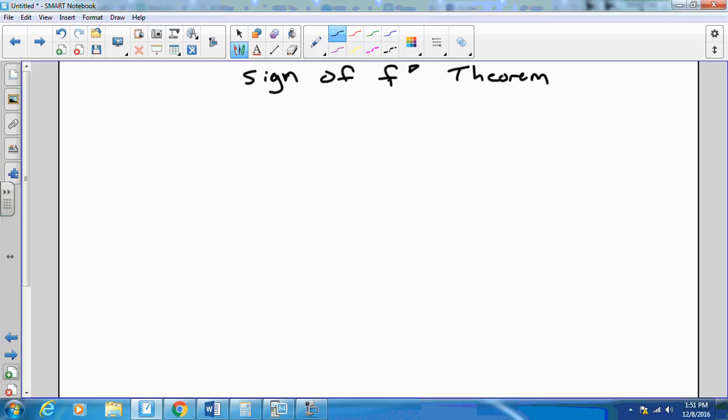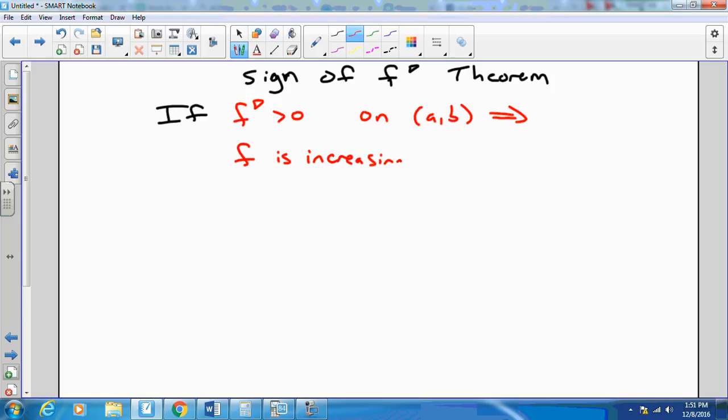So this definitely wants to go into your notes because this is your very first theorem that we are going to be using here. The sign of f prime theorem simply states that if f prime is positive on the entire interval a to b, then f of x is increasing on a to b.